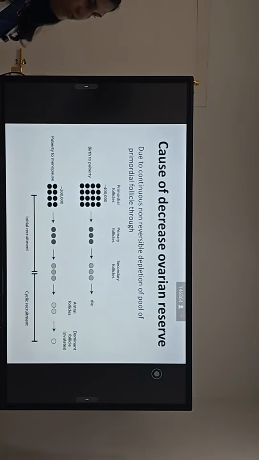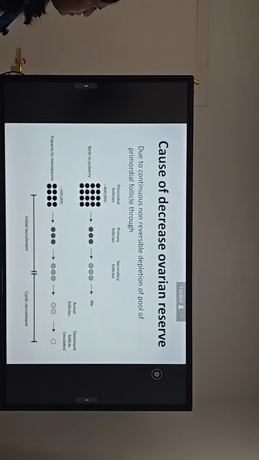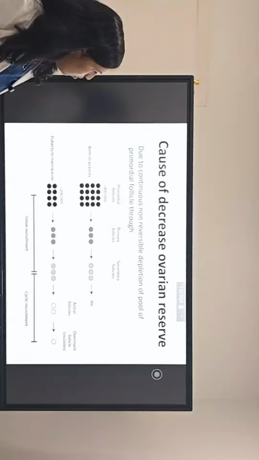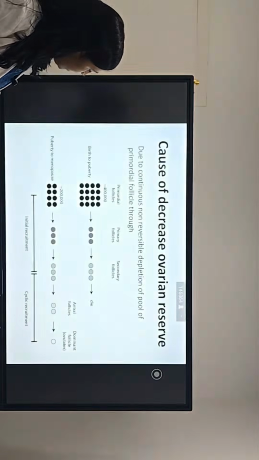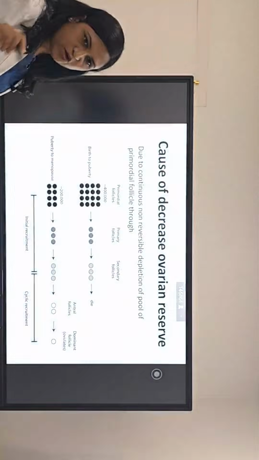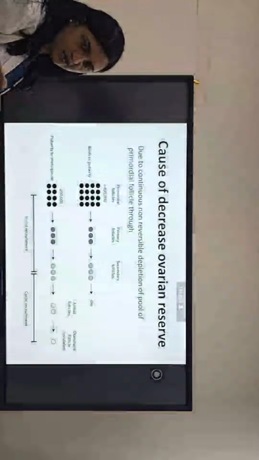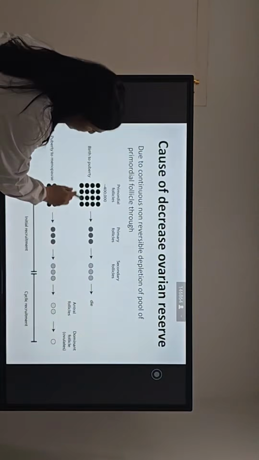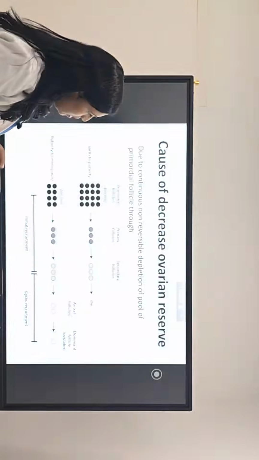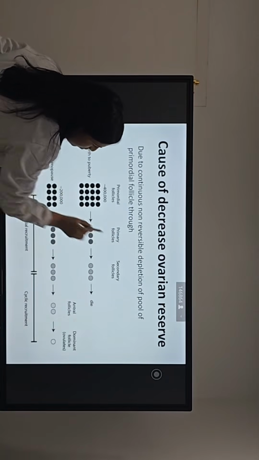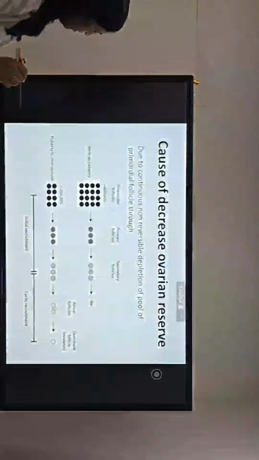Now, what is the cause of decrease of this ovarian reserve or number of primordial follicles? This is due to continuous non-reversible depletion of the pool of primordial follicles. From birth to puberty, there is recruitment of a cohort of follicles in each cycle, and because up to puberty there are no hormones, the follicles arrest at the secondary follicular stage and most will die.